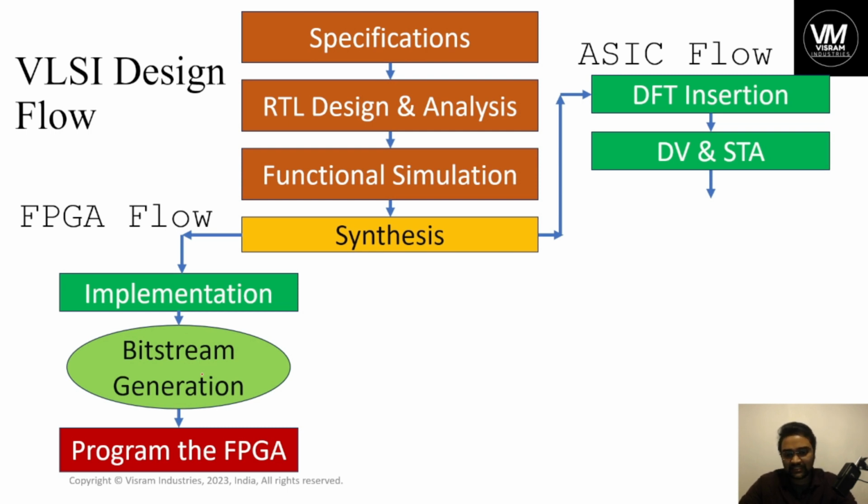DFT insertion is nothing but some scan flops that are attached to the design for additional verification purposes, and the physical constraint backgrounds. And then design verification goes through the protocols, like UART protocols. All these verification or simulation things can be done using DV, the design verification roles. Those engineers work on it.